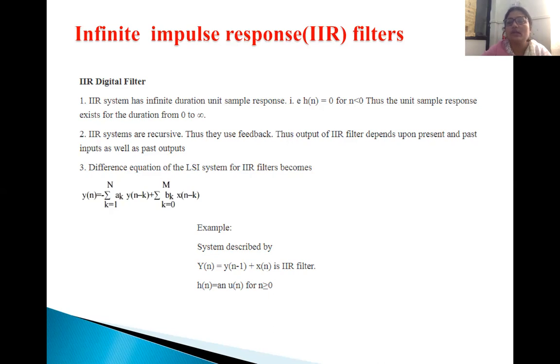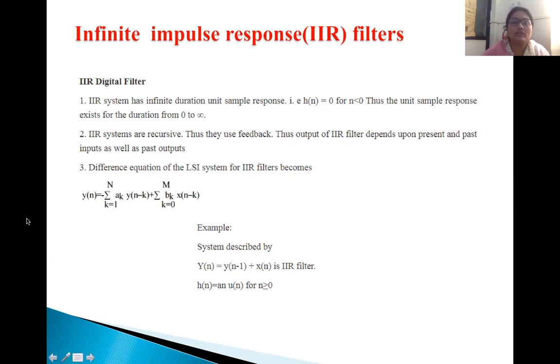Similarly, the IIR system is recursive because it uses a feedback mechanism. Its output depends upon present samples of the input, past samples of the input, and past samples of the output. Therefore, the system is recursive.